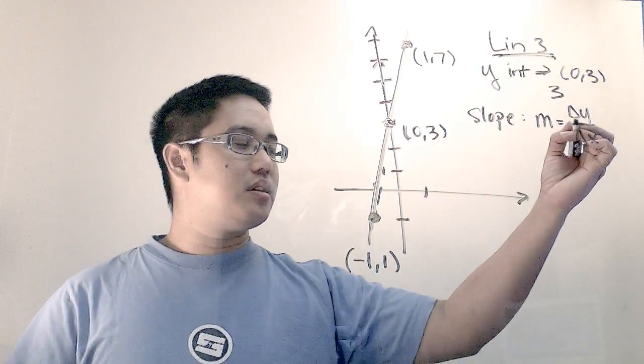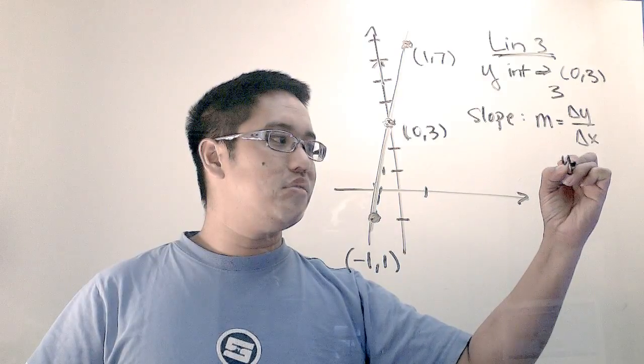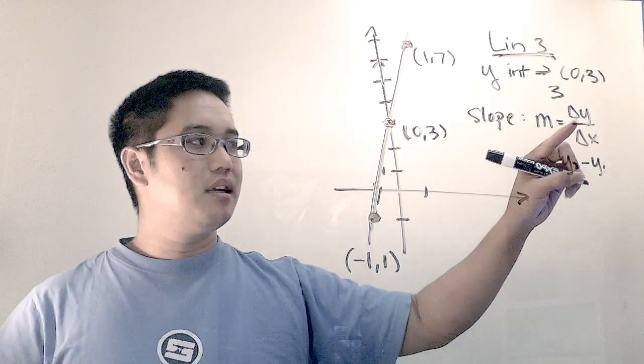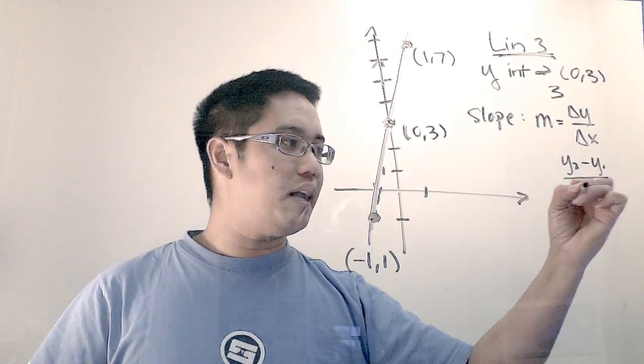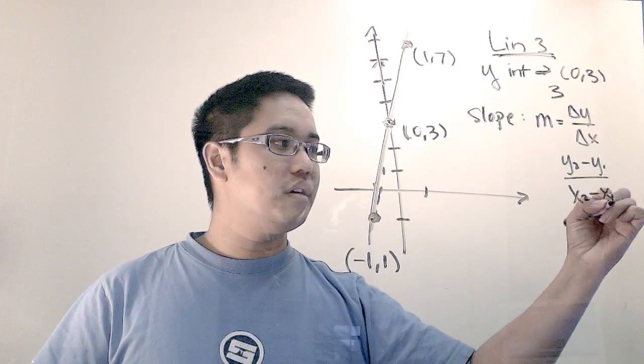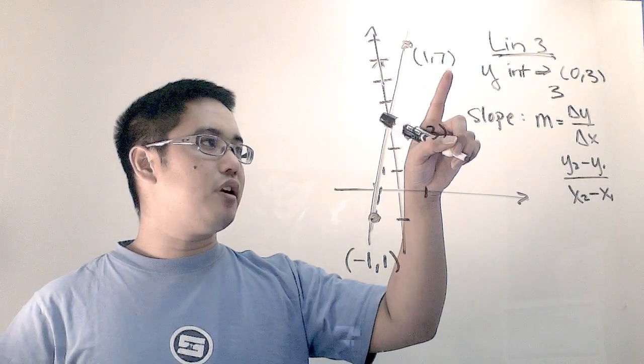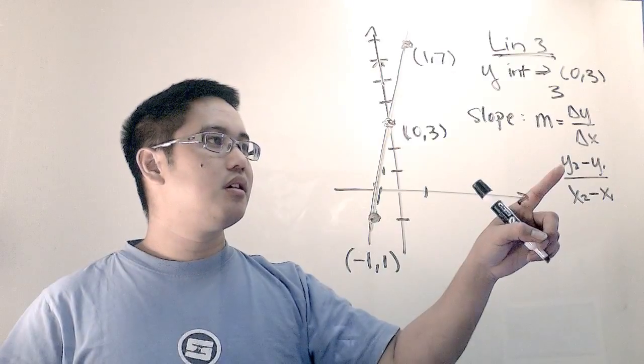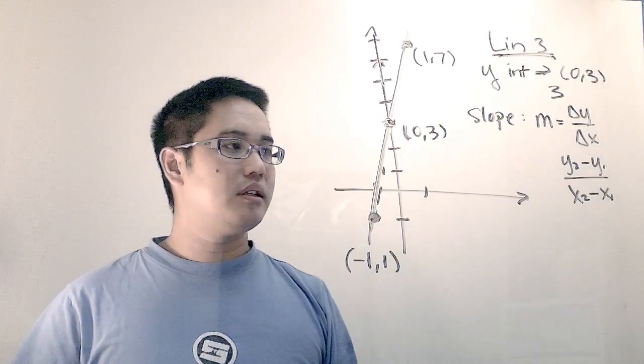So what I would do is delta y equals y2 minus y1, the change in y, divided by x2 minus x1. You just plug it in here. For y2, we're going to use 7. For y1, we're going to use 3.